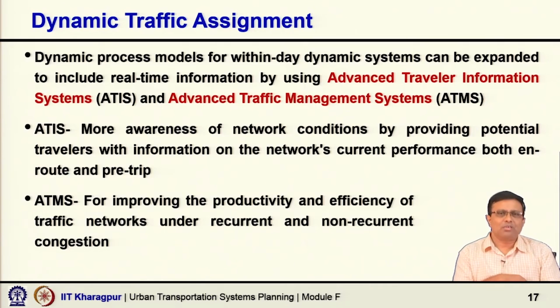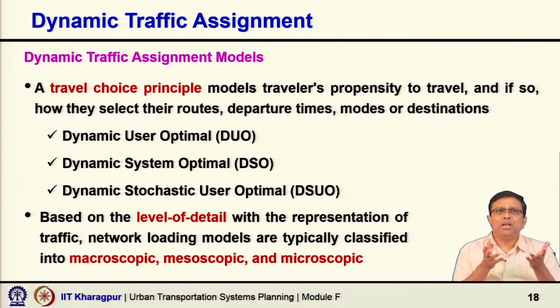Both can be considered. So, depending on what you are doing and how you are assigning, it is not user optimal alone, but we can say dynamic user optimal, because we are doing user optimal but also considering the time dynamics, time variant flow. Or you can have dynamic system equilibrium, or also dynamic stochastic user optimal equilibrium.